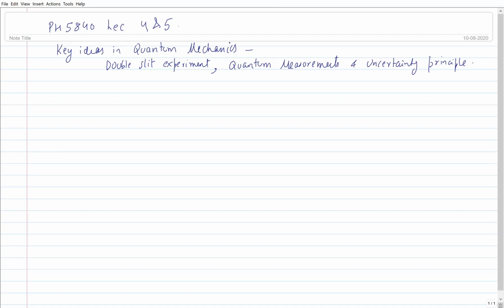So why the double slit experiment? I mean, of course, most of you have already perhaps seen it, but essentially the most beautiful aspects of quantum mechanics can be appreciated via the double slit experiment.